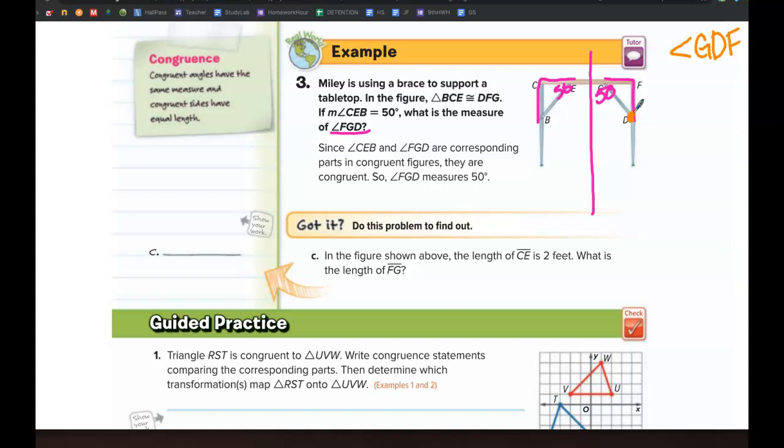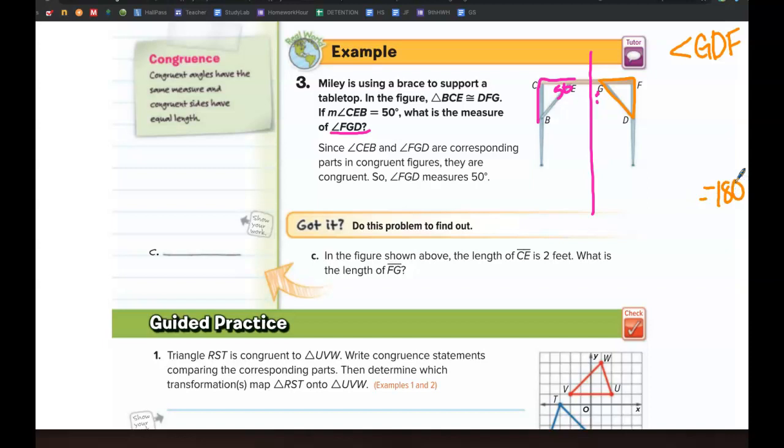Angle D is not a straight line, because this is the angle. What does this make? A triangle. What do we know about triangles? Their angles equal 180 degrees, right?